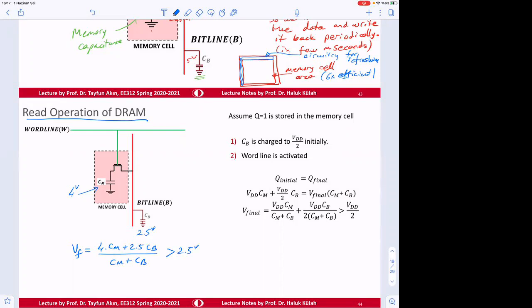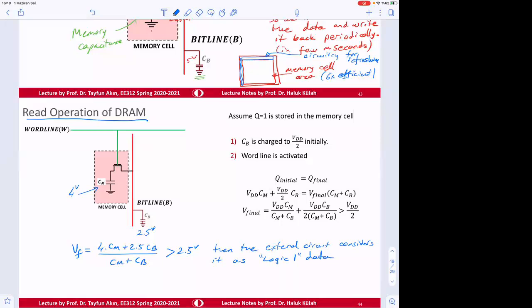And then the external circuit considers it as logic 1 data.